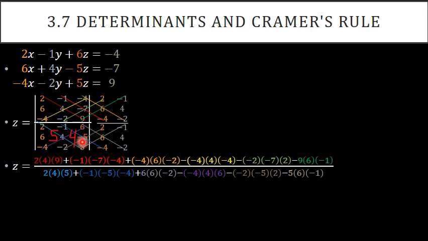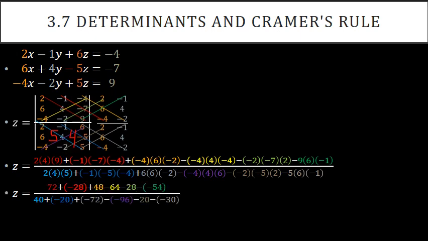And the bottom is 54 because we found that with the x. Do the multiplication. Add, subtract. You'll see, oh look, the bottom is still 54. Gives you 1. So our answer is x, y, and z: negative 3, 4, and 1. And that's all for today.